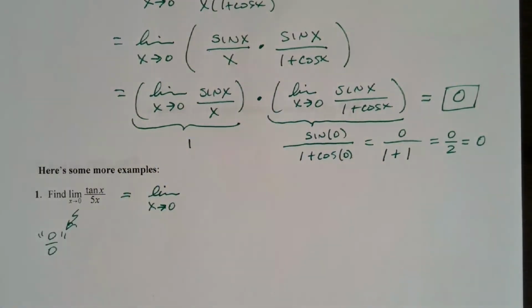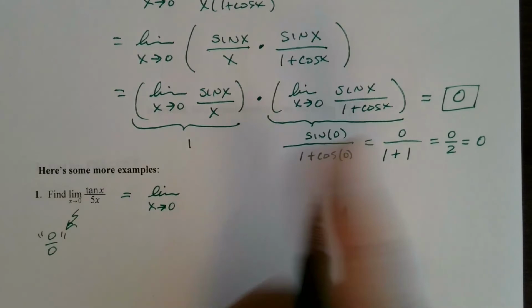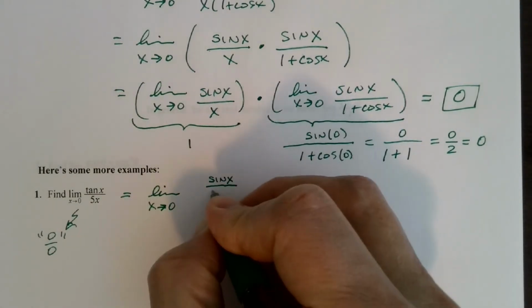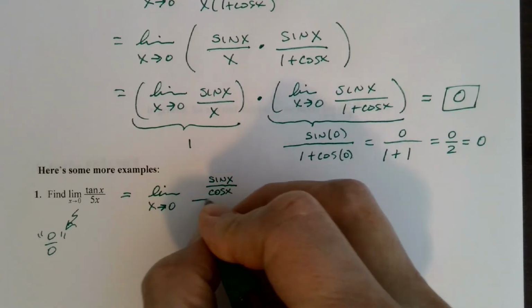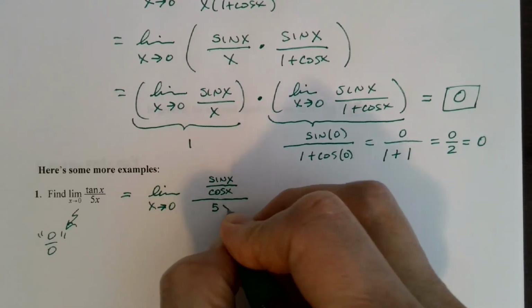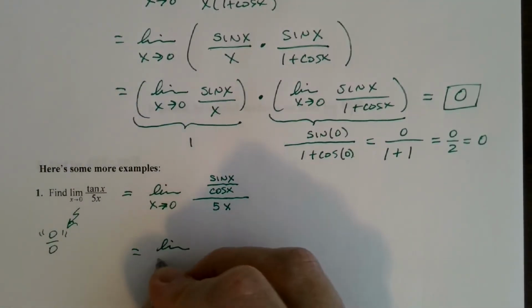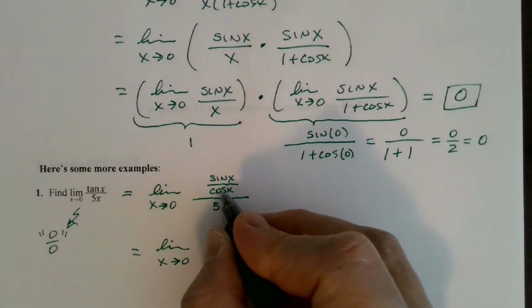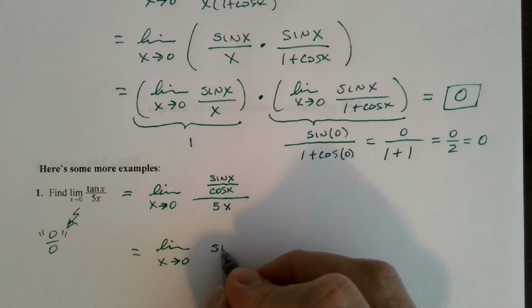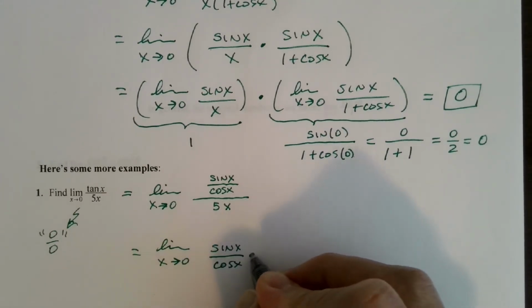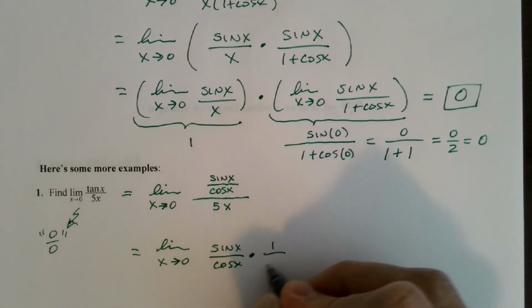Well, I hope some of you are saying, hey, I know something about tangent x, and that is that tangent x is sine of x divided by cosine of x. That's the same thing as tangent x. And now I can do a little rewriting here. When I'm dividing a fraction by 5x, that's the same as multiplying that fraction up top by the reciprocal of 5x, which is 1 over 5x.